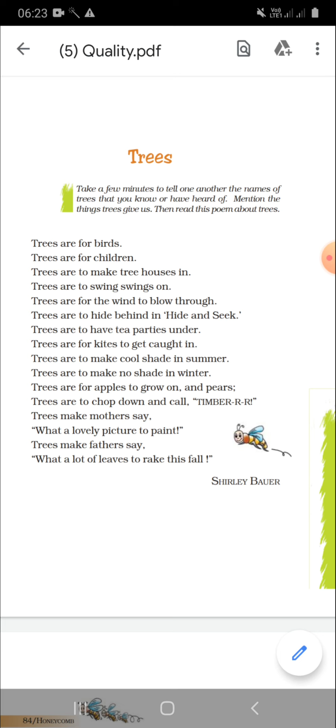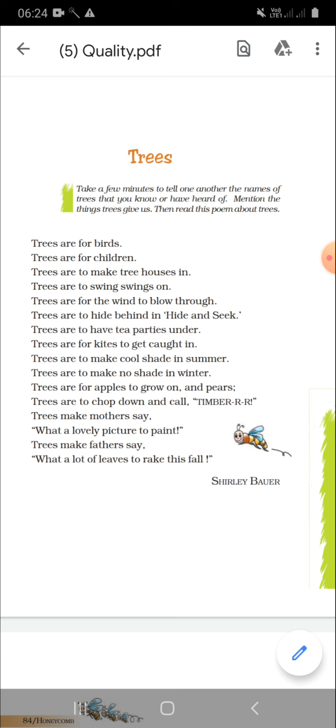Trees make mothers say, "What a lovely picture to paint." And trees make fathers say, "What a lot of leaves to rake this fall." Now, people can have two different opinions about the same tree.